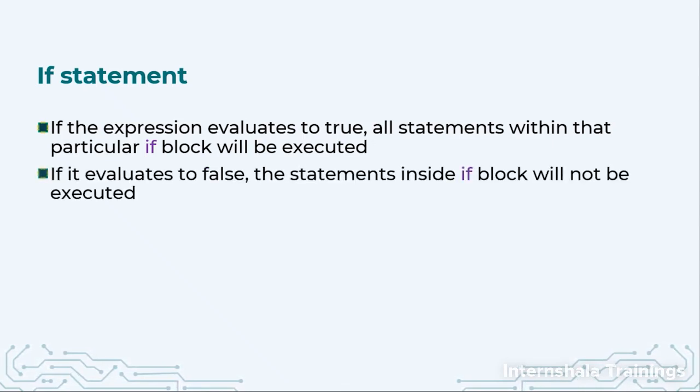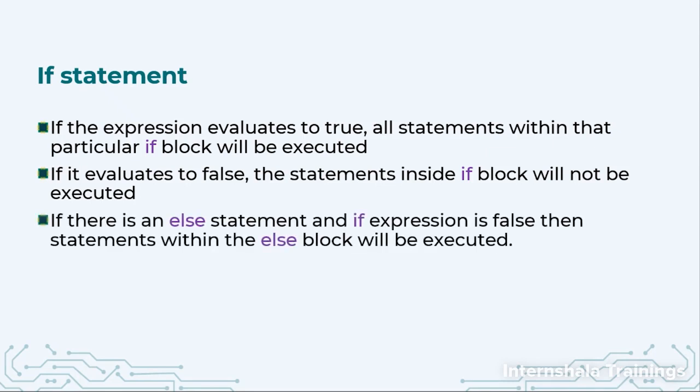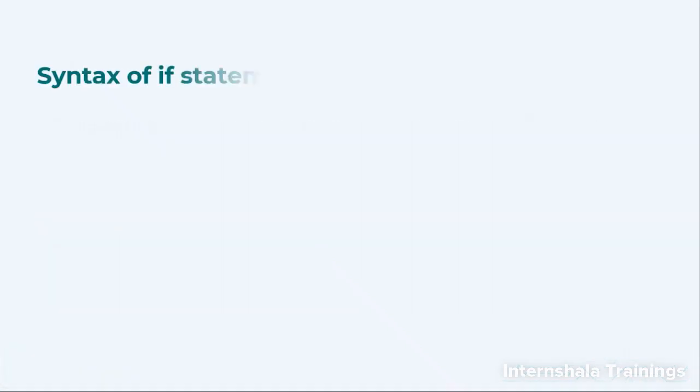If our condition is false, the statements written inside that if block will not be executed. The compiler will not execute those lines of code. If there is an else statement complementing the if, then we can write those actions also: if the condition is not true, then go to else and execute these statements.